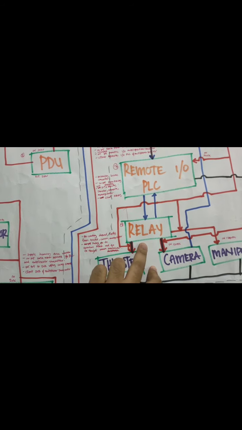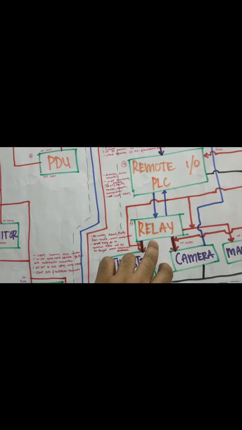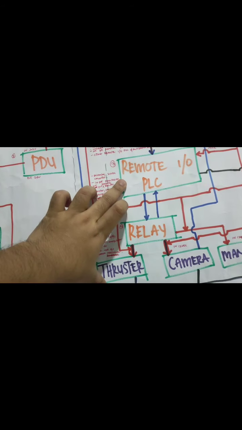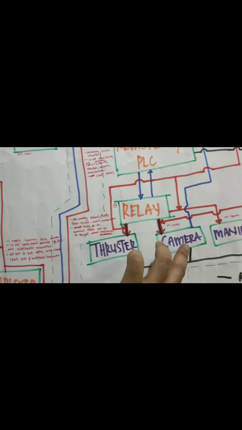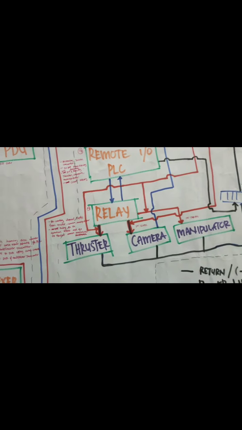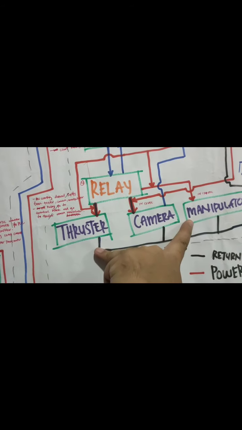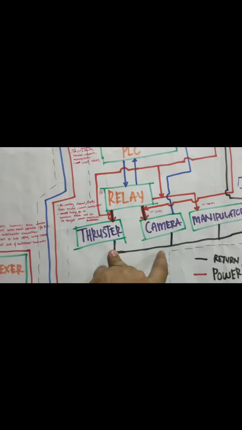For the relay, the input is from the remote I/O PLC, the supply is 24 DC volt, and the output will go to the thruster, camera, and manipulator.